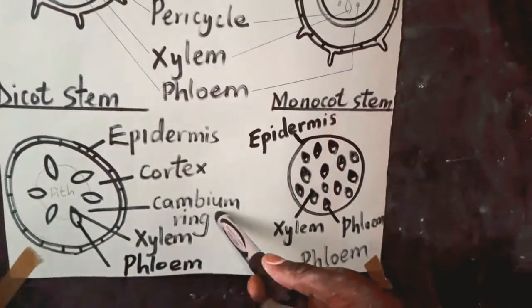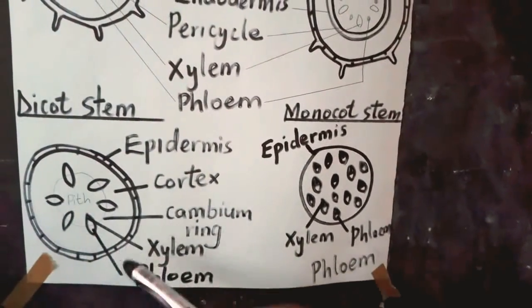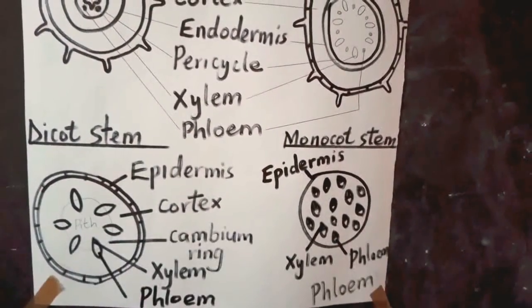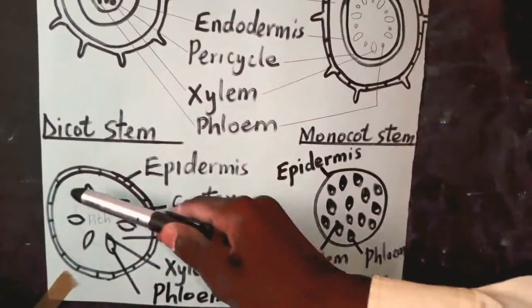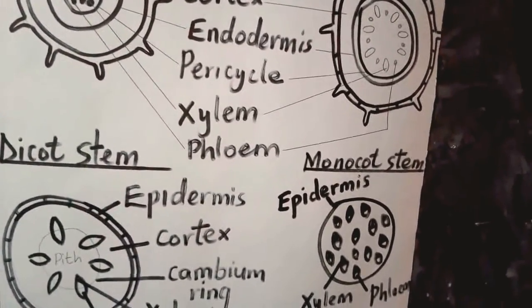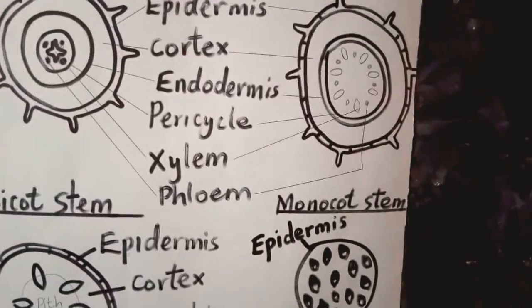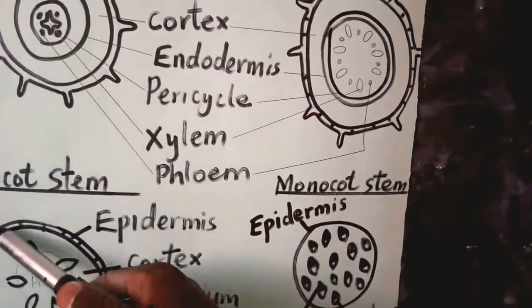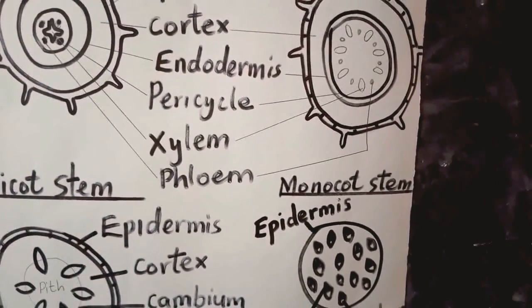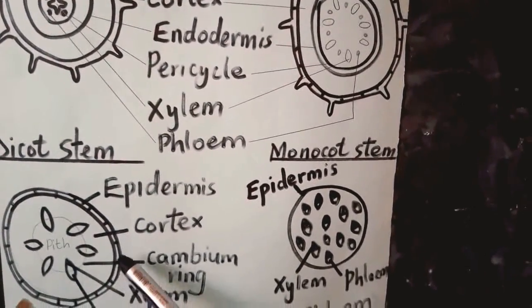In some cases, we can call it the intervascular cambium because it is found between the vascular bundles. This intervascular cambium's role is only to suspend the vascular bundles and keep them in position, while the epidermis protects the inner part of the plant from mechanical damage or from microbial invasion.